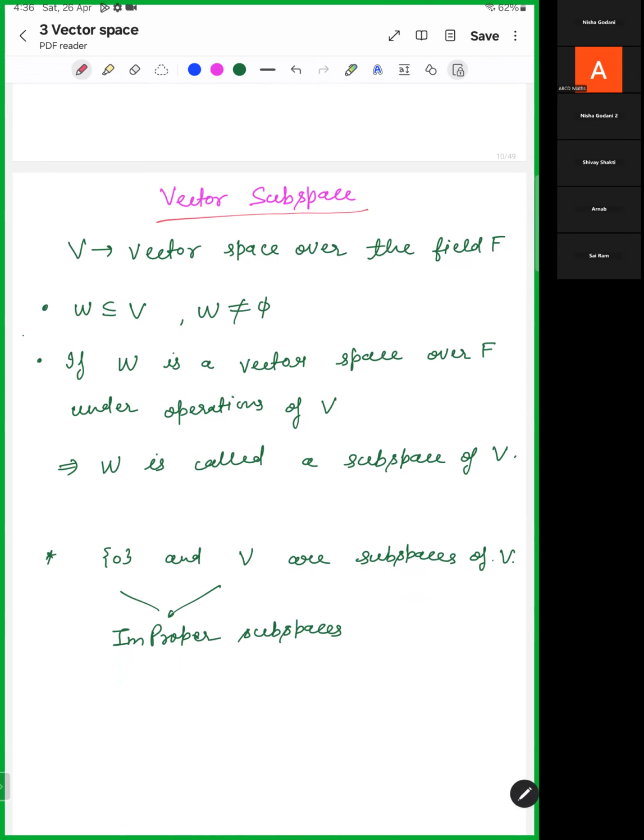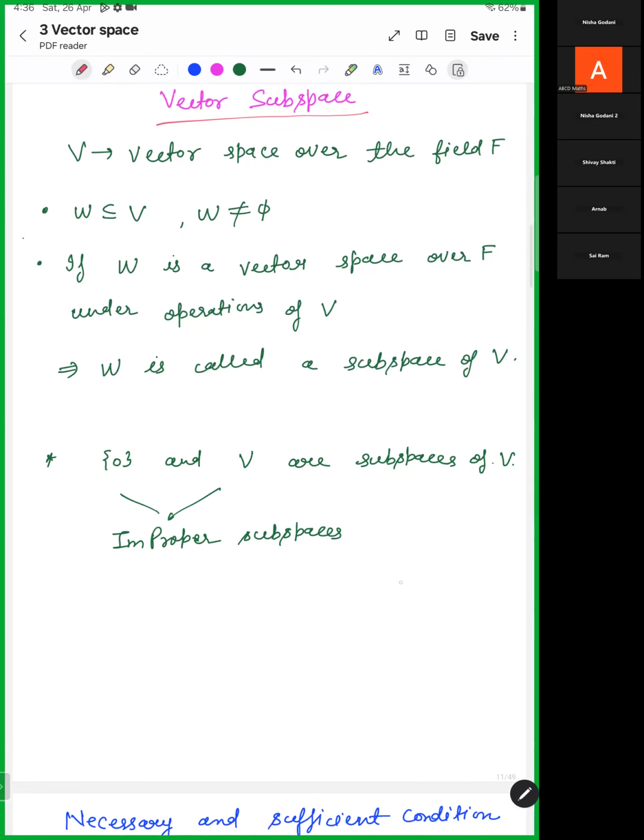See, if you have a vector space V, this means there will be some vector addition and some scalar multiplication over some field F. So this set V will satisfy 10 axioms, if it is a vector space. Now, suppose W is a subset of V.